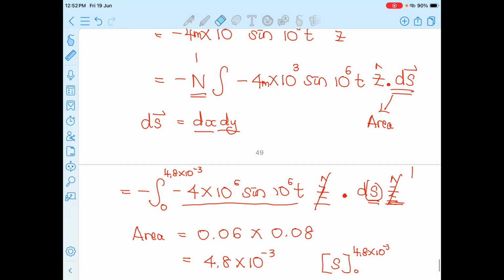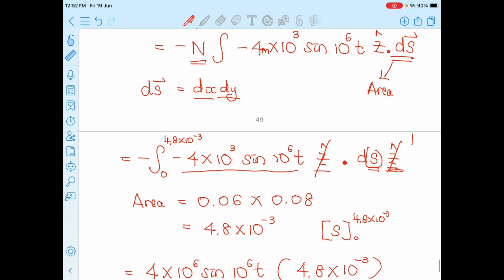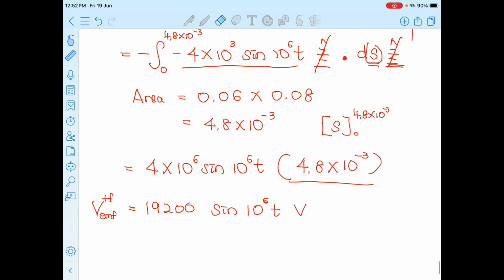Over here it will be 3, and over here it will be 3. Over here it will be 19.2.